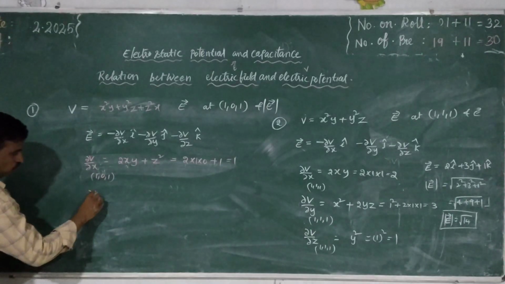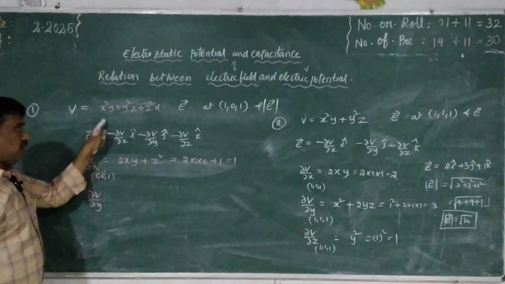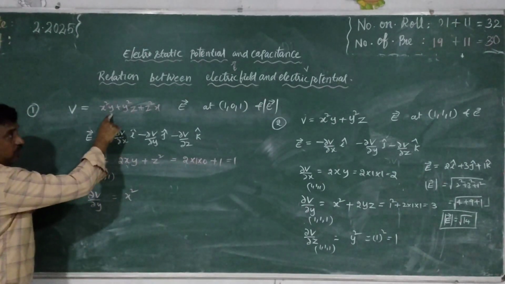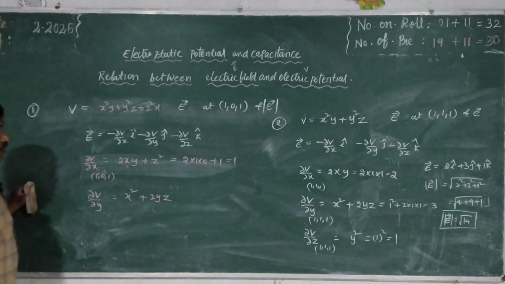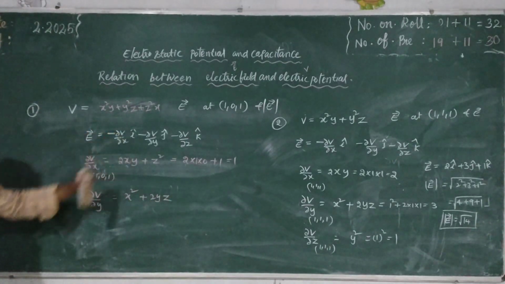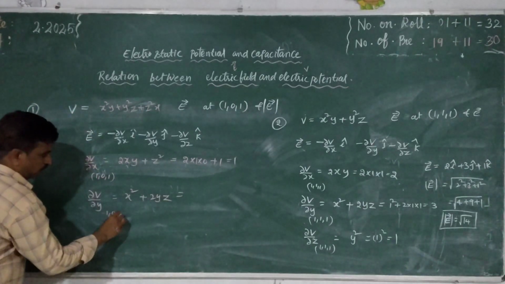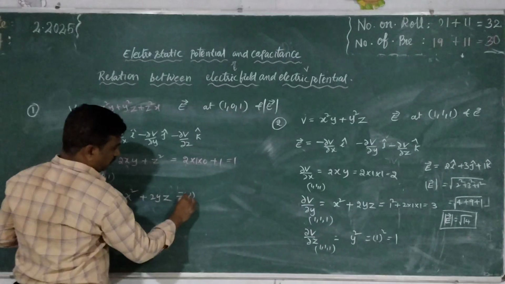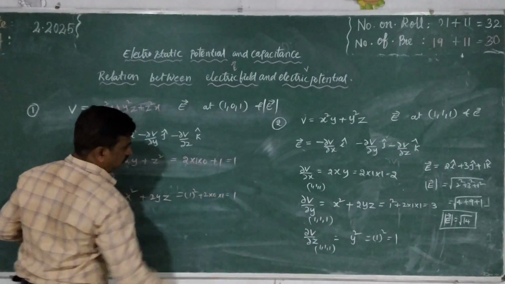Next dou V by dou y. Here y is in the first and second terms. We get x square, since the differentiation of y is 1, plus 2yz, since y square differentiates to 2y. With x value 1, y value 0, z value 1, we get 1 square plus 2 into 0 into 1, so 1 only.